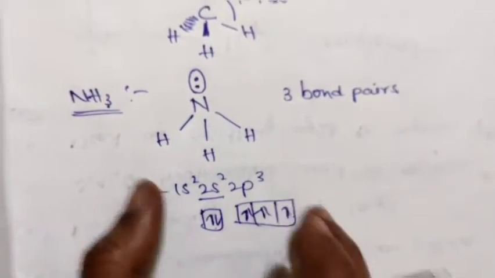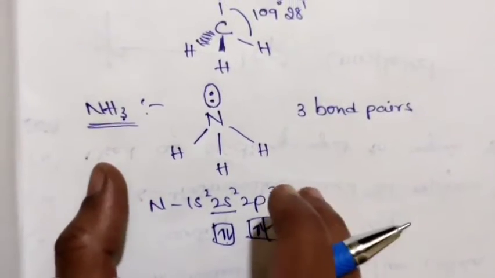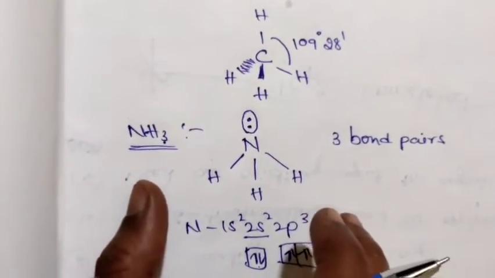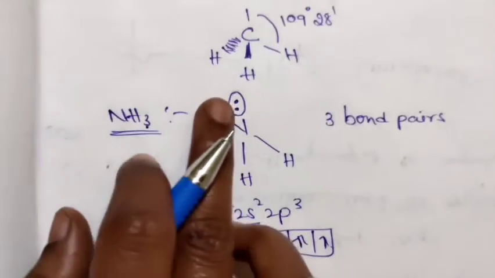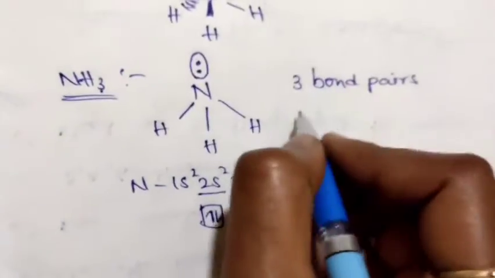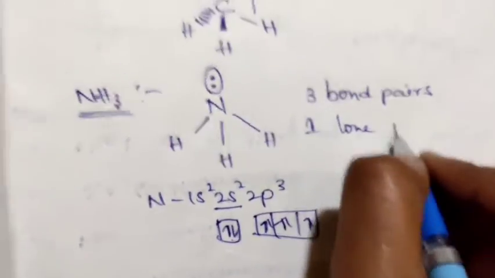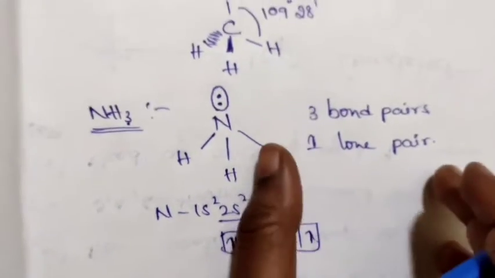Okay, this is the ammonia molecule structure, and here we are having one lone pair and 3 bond pairs.